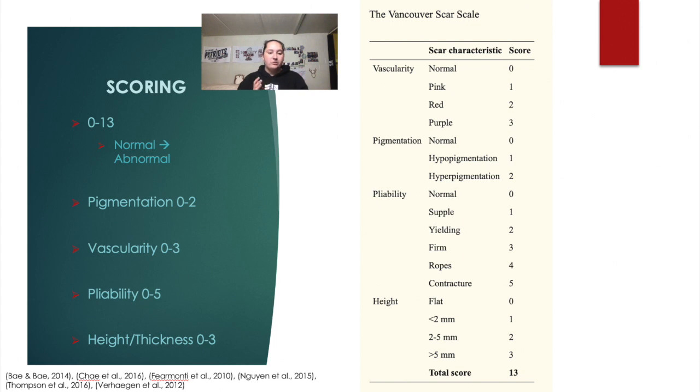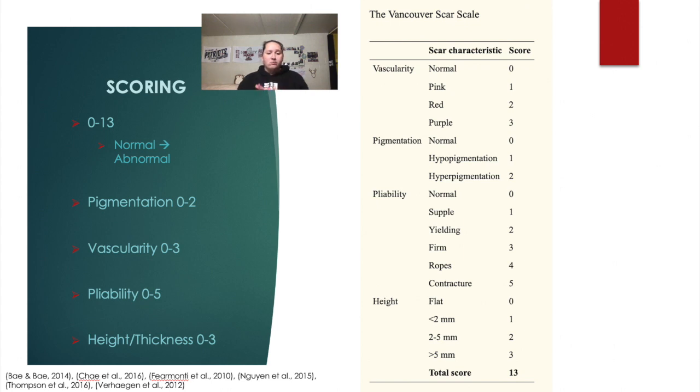That's been attributed to how the inflammation responds during the repair of the wound. Some modified Vancouver Scar Scales include mixed pigmentation, which is thought to be the result of internal bleeding within the scar tissue while it is healing.